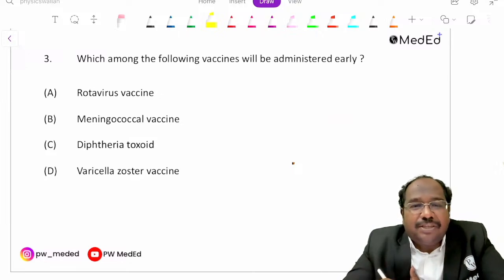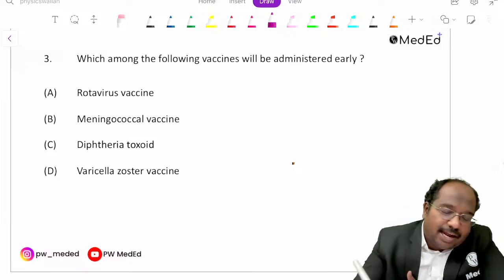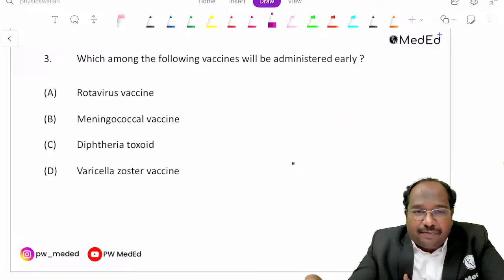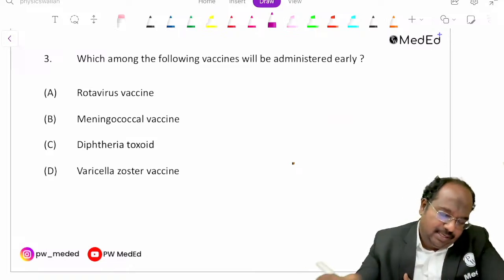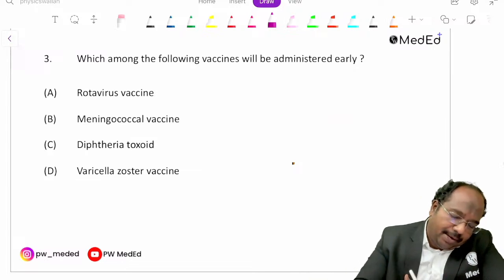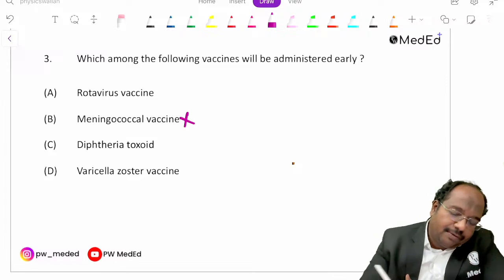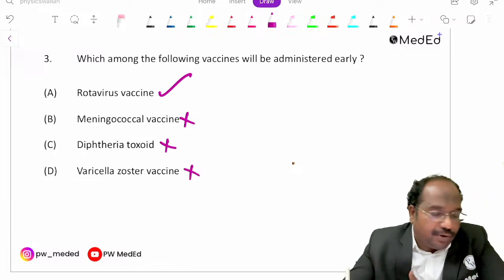So you tell me which are the following vaccines. National immunization schedule. Can you tell me which are the vaccines we give earliest? We don't give meningococcal vaccine in the national immunization schedule. We give rotavirus as the early one. Diphtheria toxoid, no. Varicella zoster vaccine we don't give here.